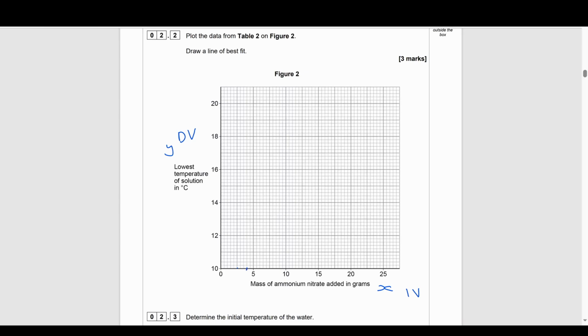So 4 should be here. Let's find 18.2. Look at our scale on our y-axis now, what are the intervals? So this is 18 and 20, so halfway between is going to be 19. So this is going up in 0.2. So we just need to find the link there, and that's where it will be.